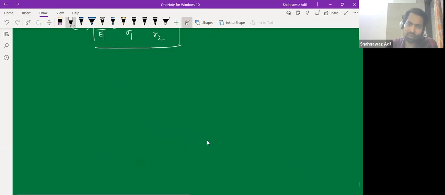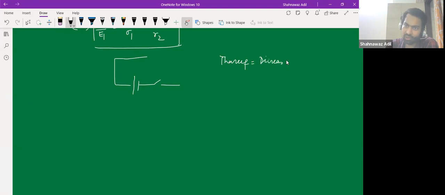We already know that whenever the battery is disconnected, then what happens to all the other things? Decrease or increase? The potential energy decreases, right?